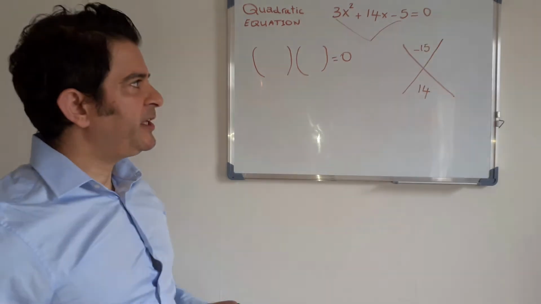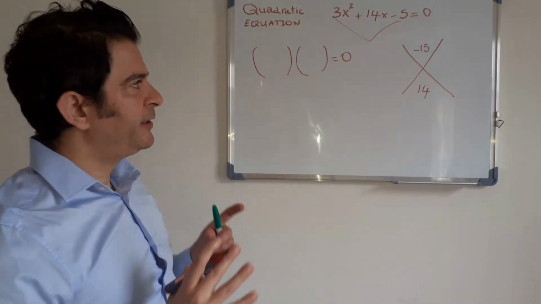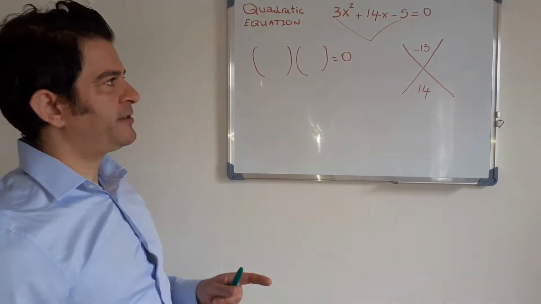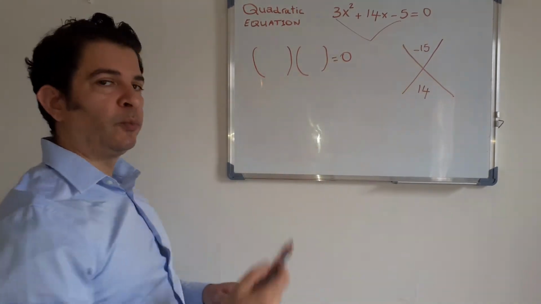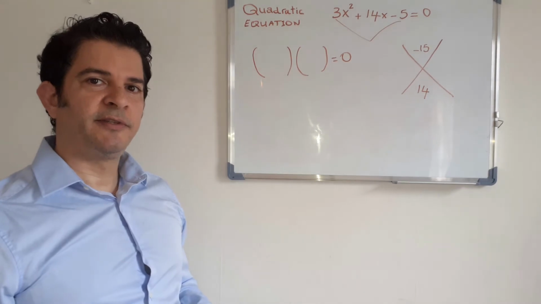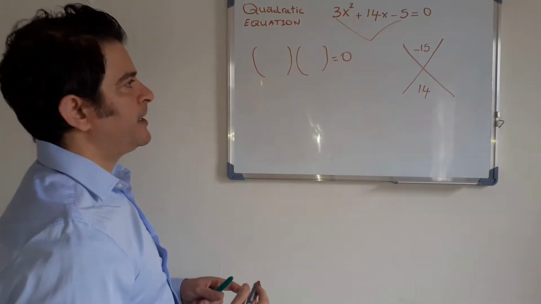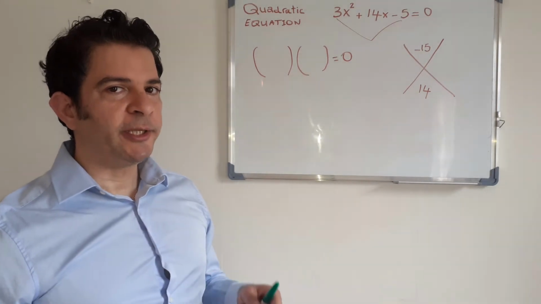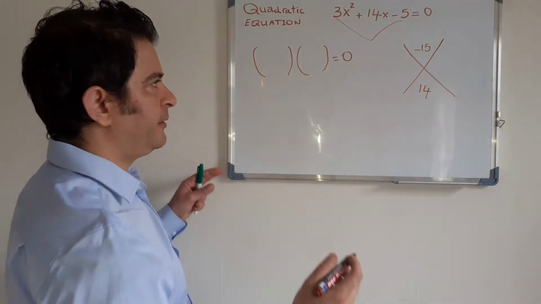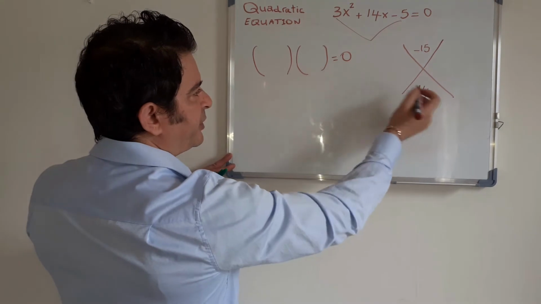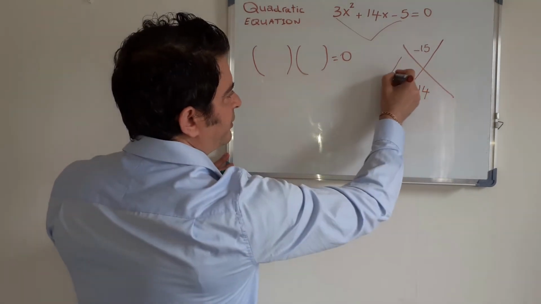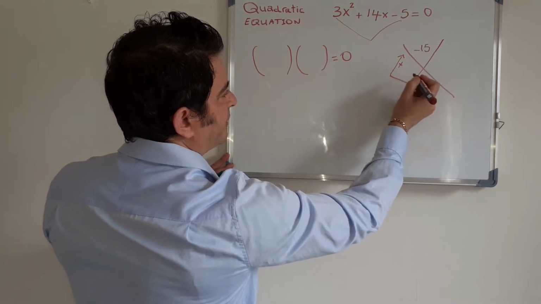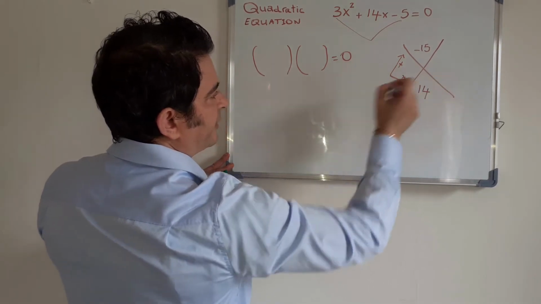Next thing we need to do is find the numbers that when we multiply them give us minus 15, and when we add them together give us 14. So we're going to need to list all the pair combinations. Multiplying gives us minus 15, and addition gives us 14.